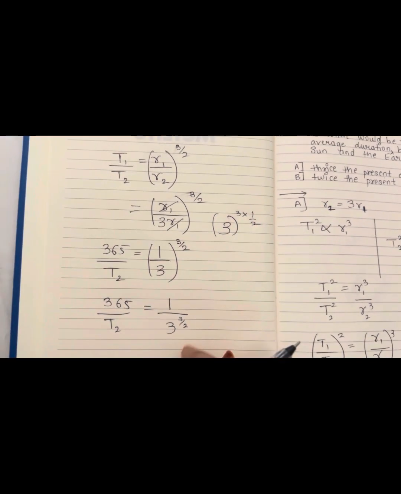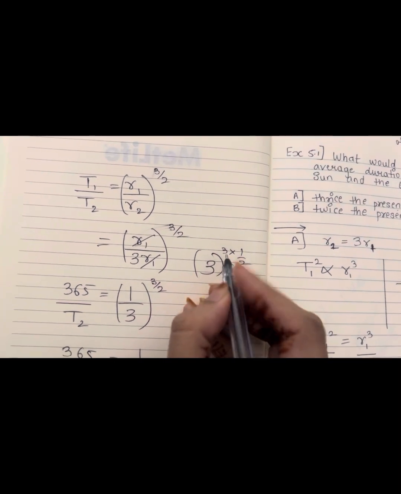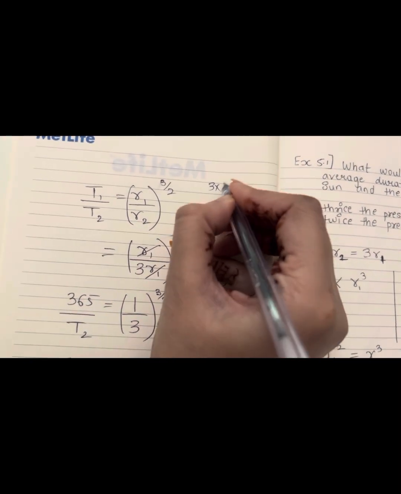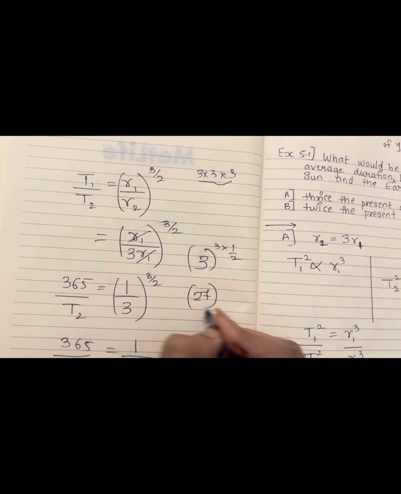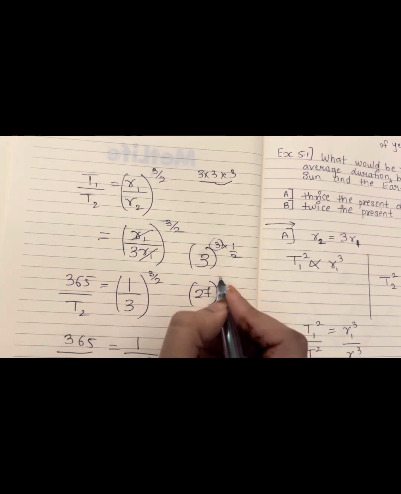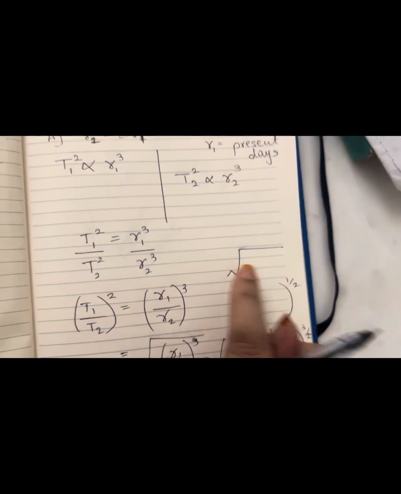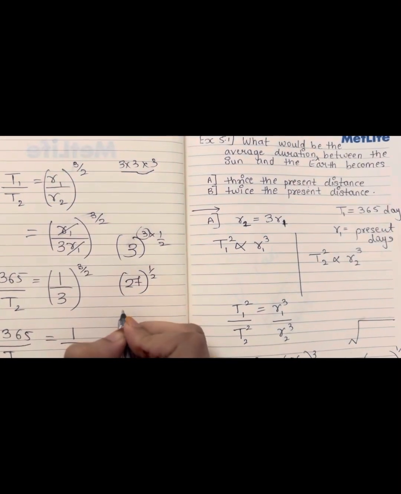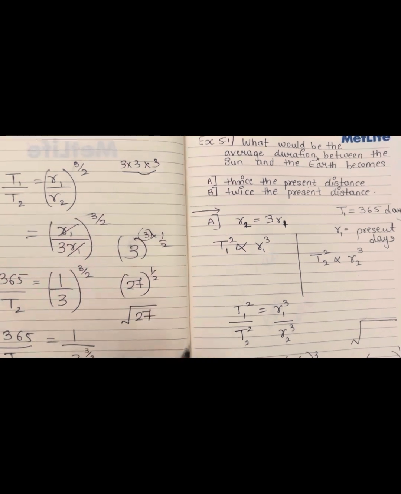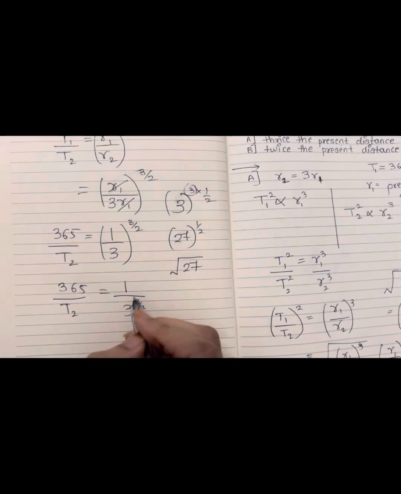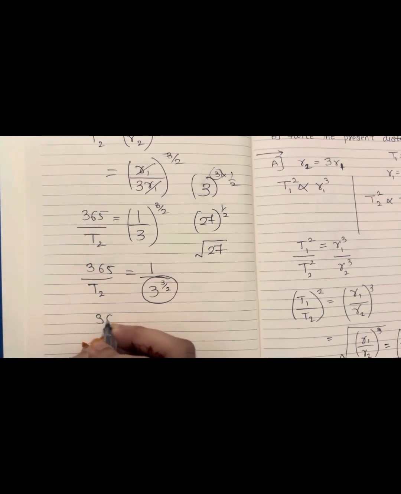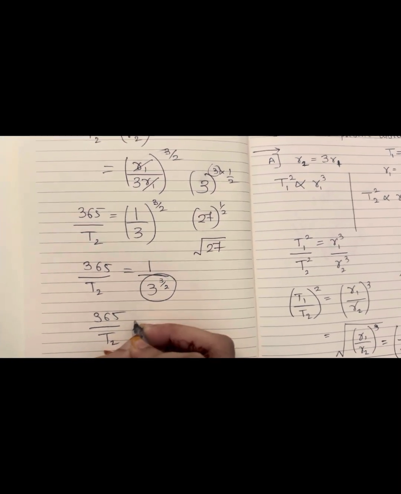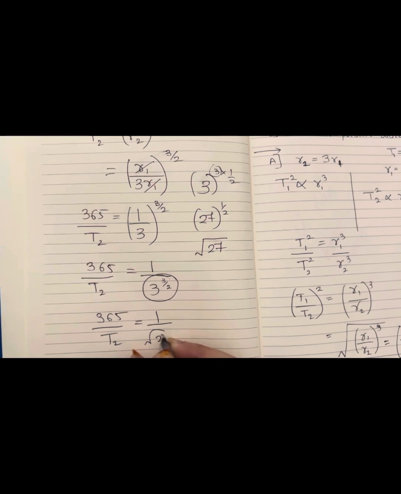So make the cube of 3: 3 threes are 9, 9 threes are 27. So the cube part is done. Raised to half can be written as square root, so it is square root of 27. So 365 upon T2 is equal to 1 upon square root of 27.